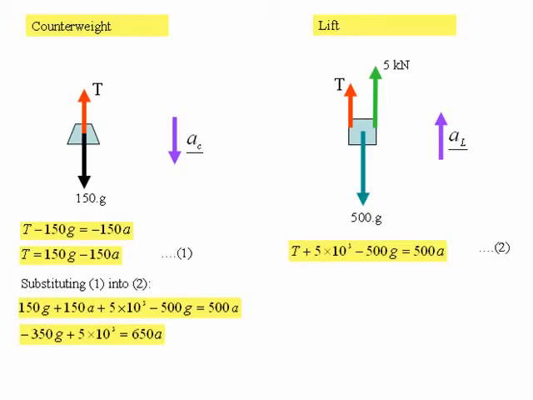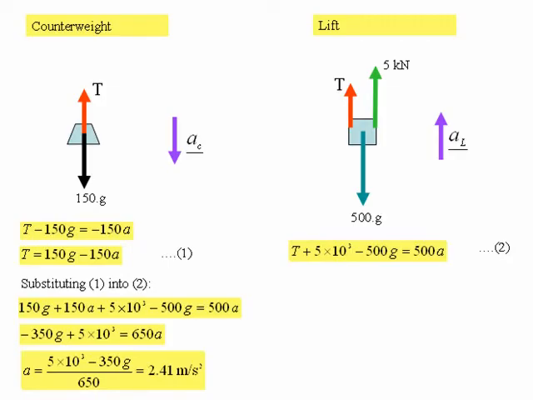Transposing that, in a couple of steps, we get the expression for the acceleration, which is 5 times 10 to the 3 minus 350G divided by 650, and that works out as 2.4 meters per second squared.